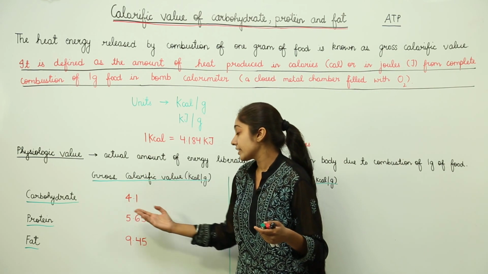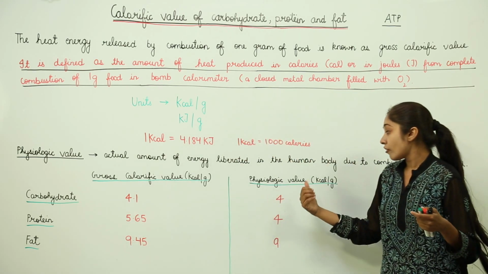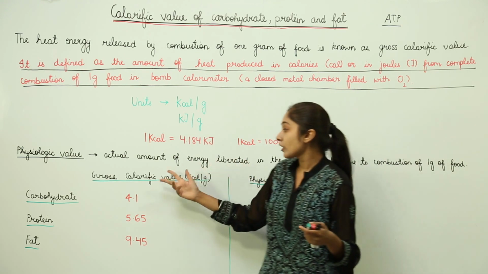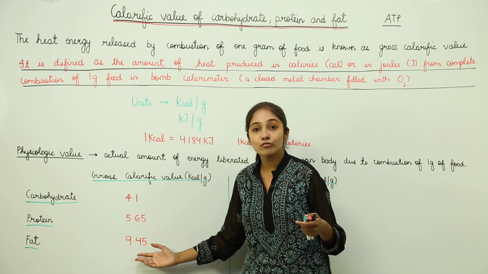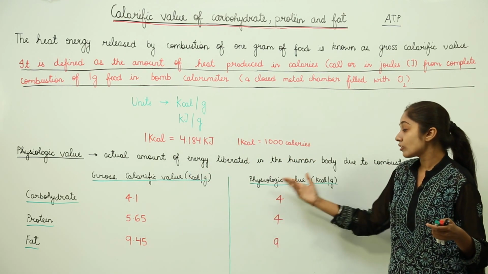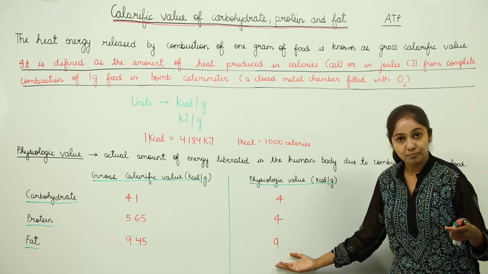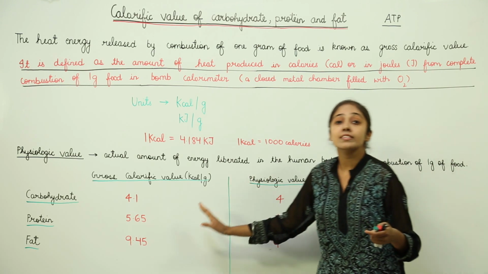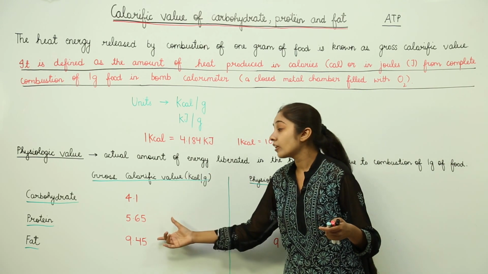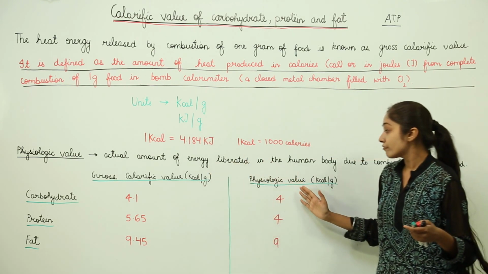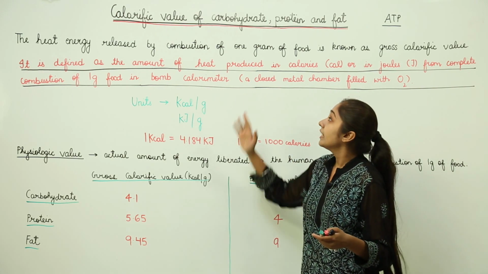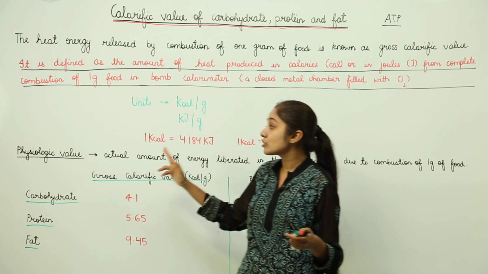For proteins, it is 5.65, while the physiologic value is just 4. The gross calorific value of fats is 9.45, and the physiologic value of fat is just 9. So the physiologic value is always less than the gross calorific value, and the gross calorific value is always higher than the physiologic value. This is how you differentiate between the calorific value and the physiologic value.